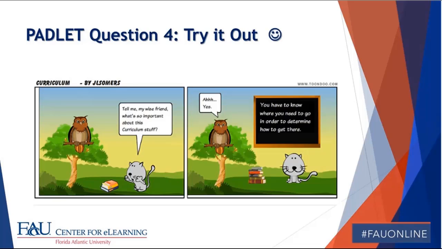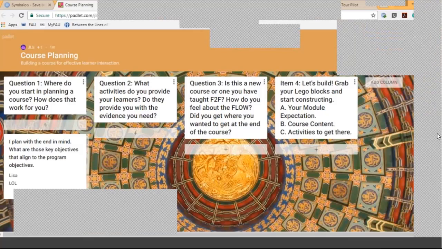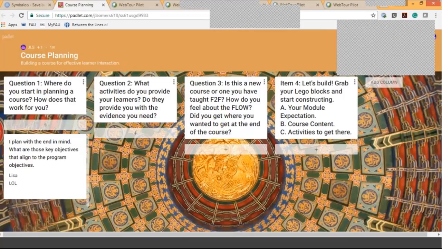So let's go in and hopefully you've been doing some writing in item number 4. So grab your Lego blocks or your computer, as the case may be, and start constructing. Item A would be your module.